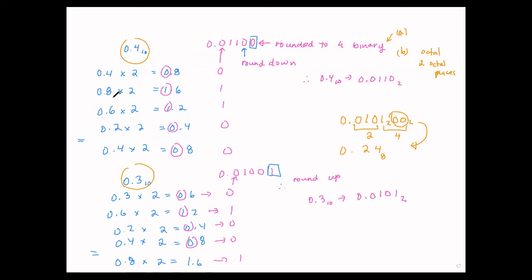So I can either start from the 0.3 in base 10 and convert that to octal, or I can start from the binary and convert that to octal. But if I'm starting from the binary, I better know enough of those binary places. So we can't pad it. We have to know what those are. How do we know what they are? We just keep going, multiplying by 2, and continue to build that binary number.